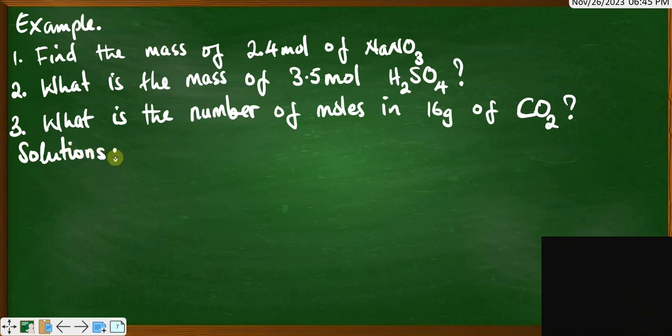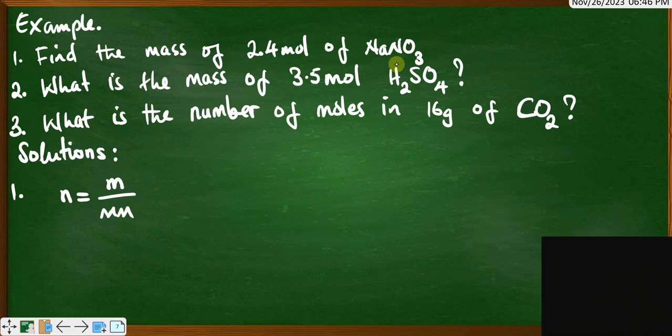So solution number 1, first of all, we are using the formula this time around. So we use the formula n is equal to mass over molar mass. The question says find the mass of 2.4 moles of sodium nitrate.